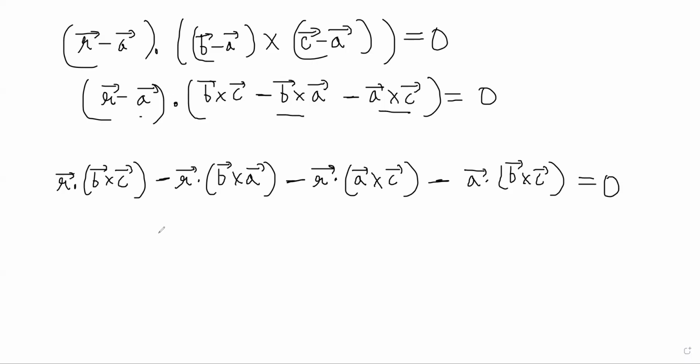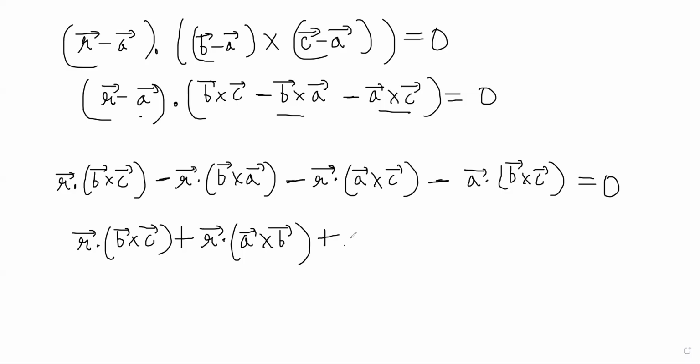So we can write this as R dot B cross C plus R dot A cross B. And this also can be reversed, C cross A with a minus sign. So plus R dot C cross A is equal to A dot B cross C, right?